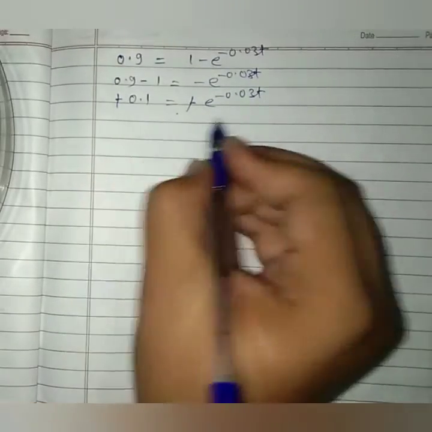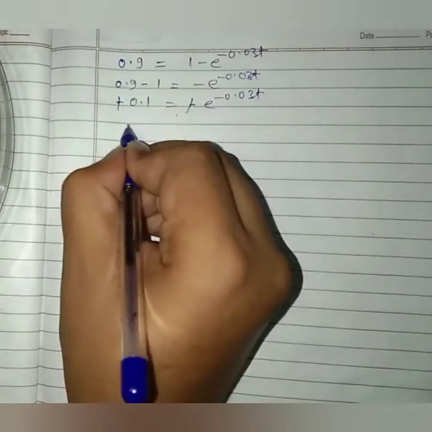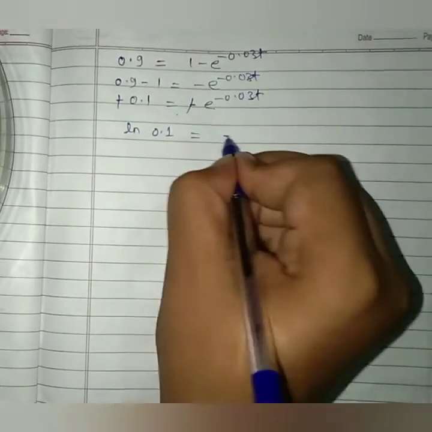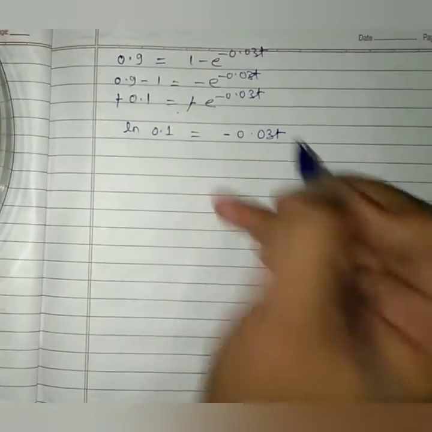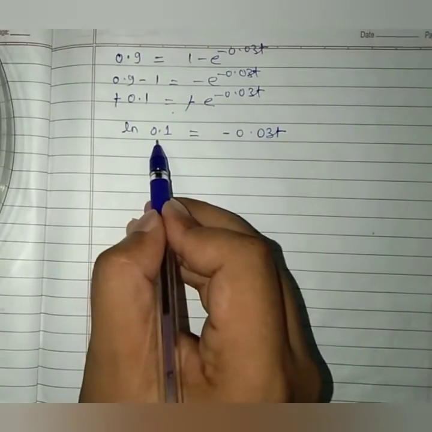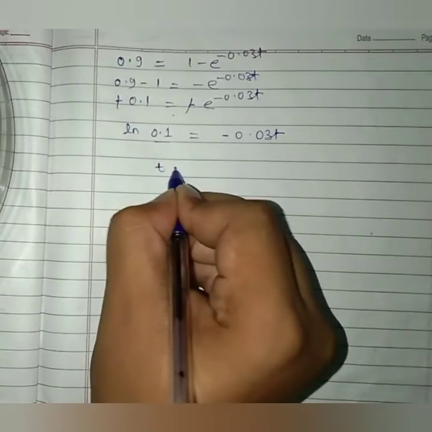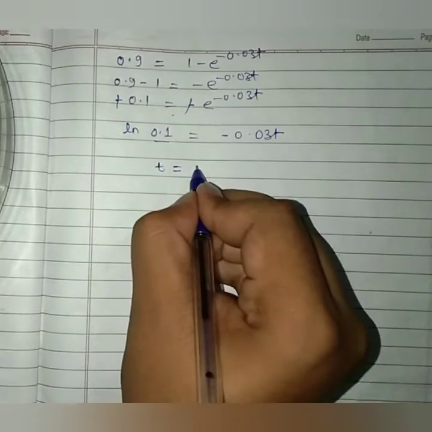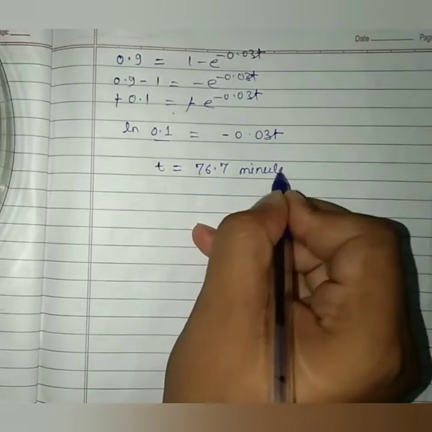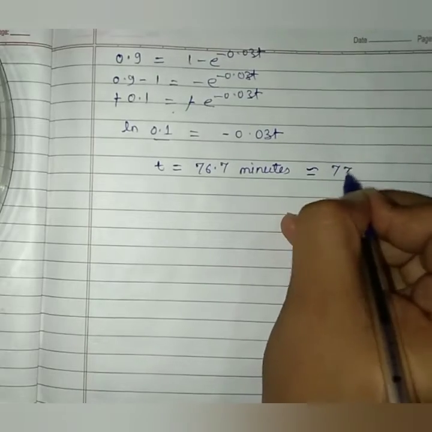This minus and this minus cancel out. So when we take log on both sides, it becomes ln 0.1 equals minus 0.03 t. When we put the value of ln 0.1 and solve for t, t roughly comes out to be 76.7 minutes, which is approximately 77 minutes.